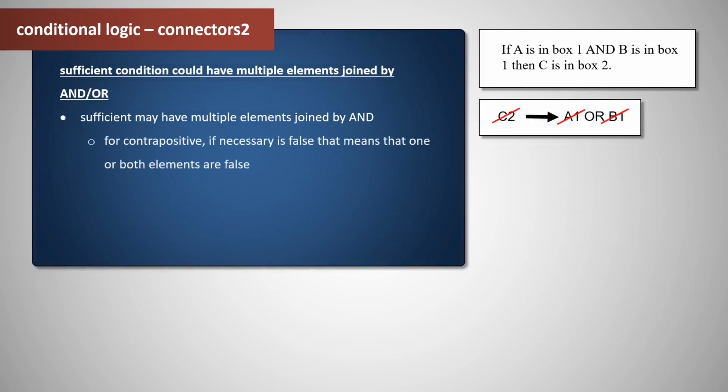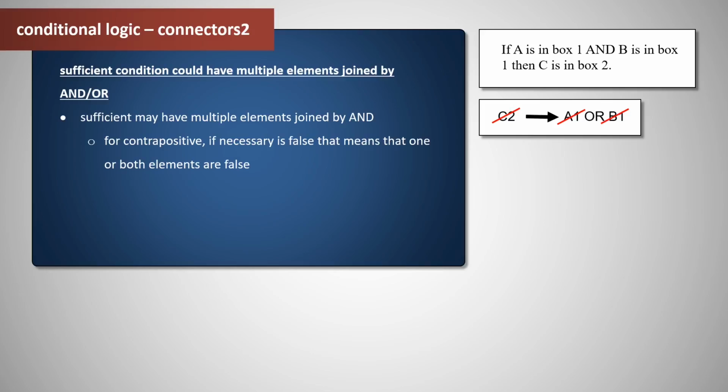Okay, so for the contrapositive, if the necessary is false, that means one or both elements are false. This takes us back to what we did in the previous video with respect to "and" and "or." Remember, if A is in box 1 and B is in box 1, then C is in box 2. So for the contrapositive, you flip and negate.